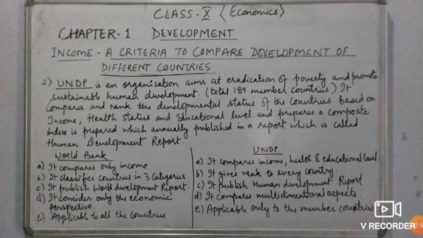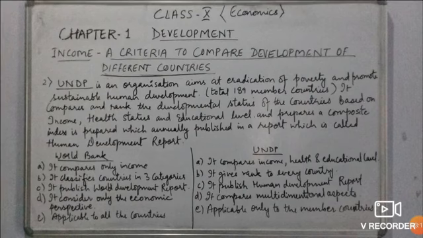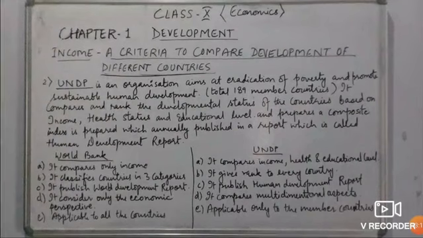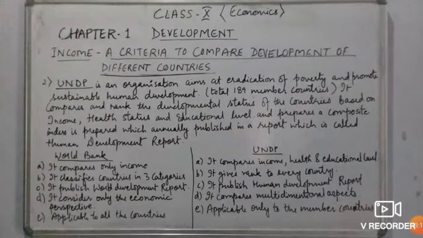So let's see the difference between the two organizations, comparing World Bank and UNDP. If we compare the two, we'll find that the World Bank compares only the income of different nations, whereas UNDP compares the income, health, and educational level of different nations.